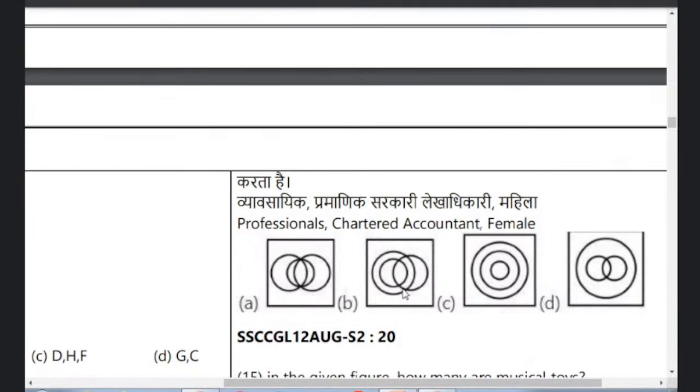Option B is the correct option, because some females are professionals and also CAs, but all CAs lie in the profession.